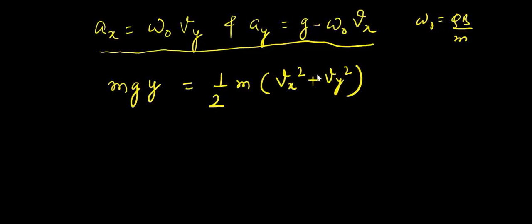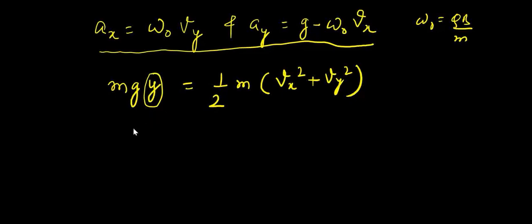And we can observe one thing. The speed of the body will be maximum here, where this whole term is v square. So the speed of the body will be maximum when the vertical displacement y is maximum.